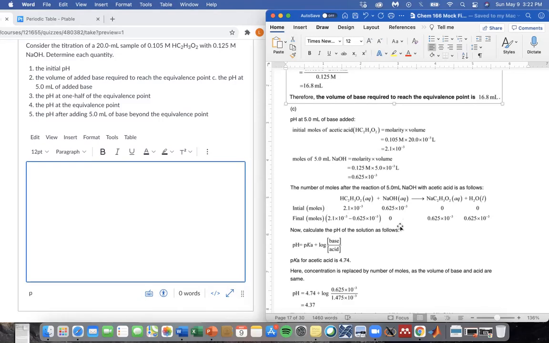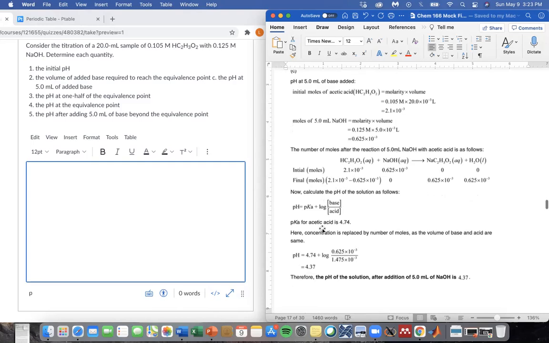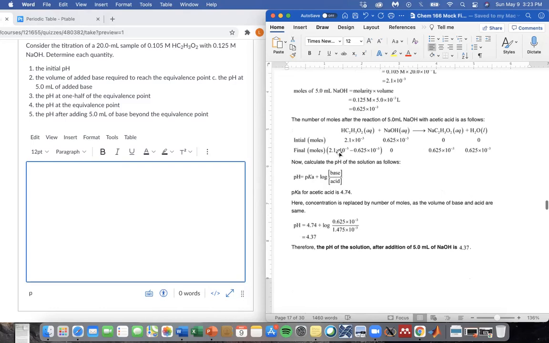For your new amount of HC2H3O2, because you just used some of it to create NaC2H3O2 and H2O, you have to subtract how much you just used. And so your new number of moles of HC2H3O2 would be 1.475 times 10 to the negative 3.